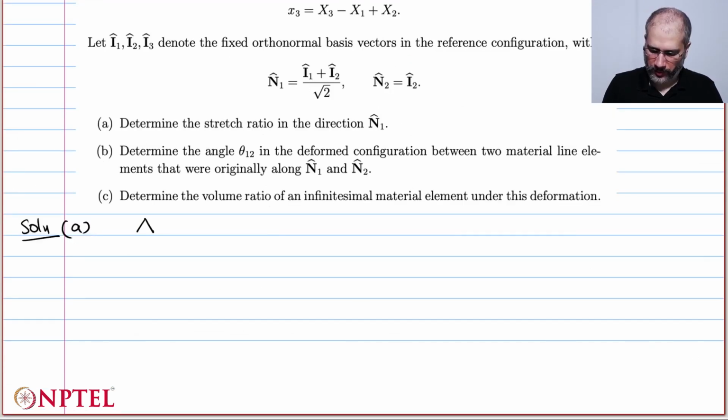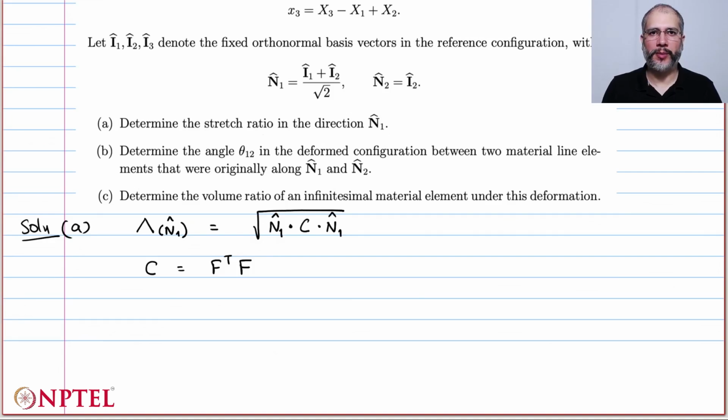So the stretch ratio along the direction n1 is given as the square root of n1 dotted with the Green's deformation tensor C dotted with n1, and C, the Green's deformation tensor, is defined as F transpose F. So remember, this is for finite deformations that we had discussed in this week.